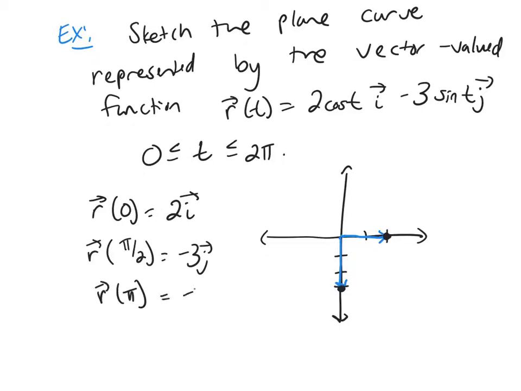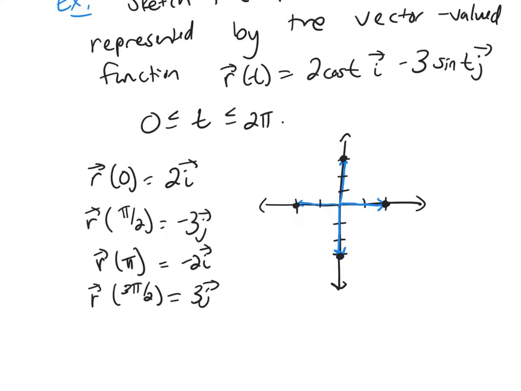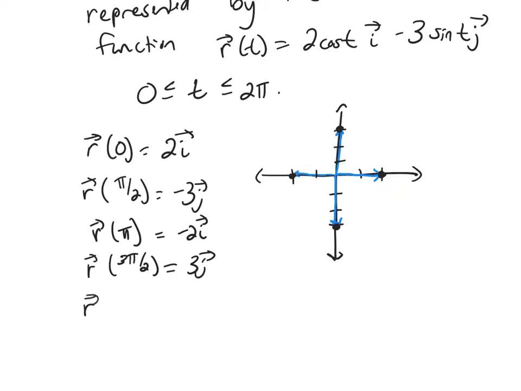If I plug in pi, you'll get negative 2i, which will give me this point over here. If you plug in 3 pi over 2, you'll get 3j. And if you plug in 2 pi for t, you'll get 2i, which was the vector we started with.